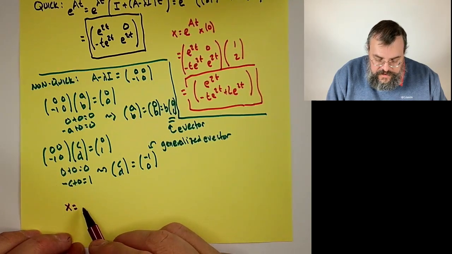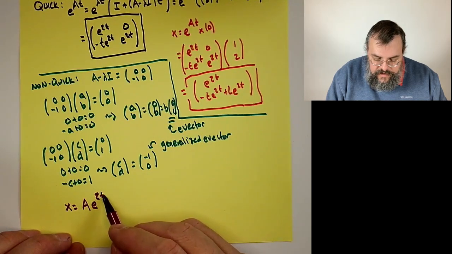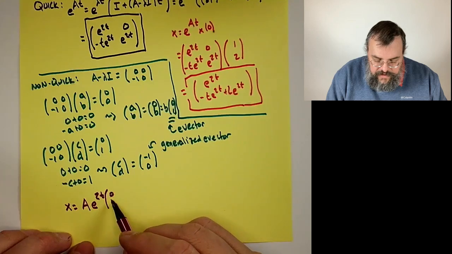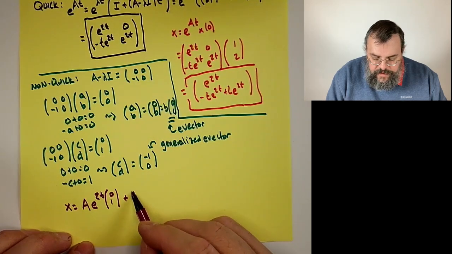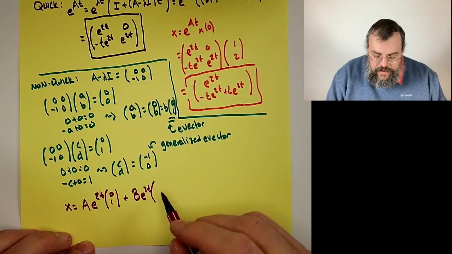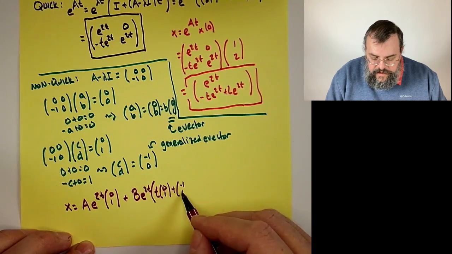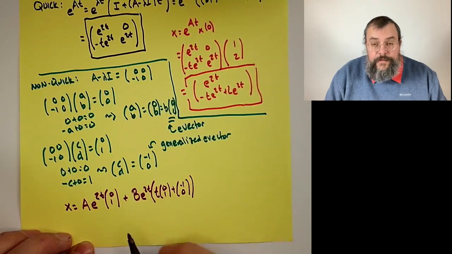Well, there's some constant a times e to the eigenvalue t times our eigenvector, plus some constant b, e to the eigenvalue t times, well, t times our eigenvector, plus our other piece we just found, that minus 1, 0.